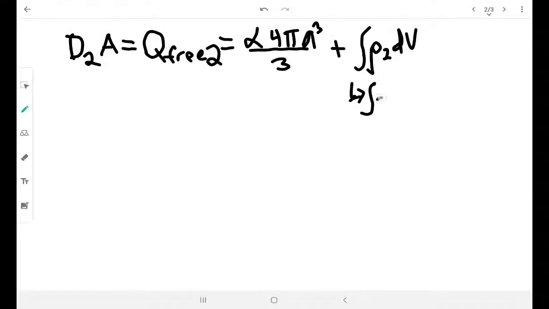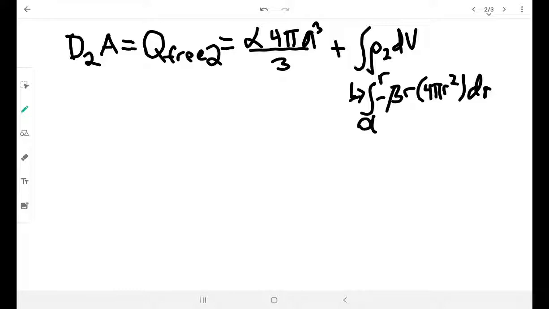So we say negative beta r times dA, which is 4 pi r squared dr. And it's important to remember your bounds for this. We're going from A, right? That's where we finished off our last region. And we're heading out to some arbitrary radius r.